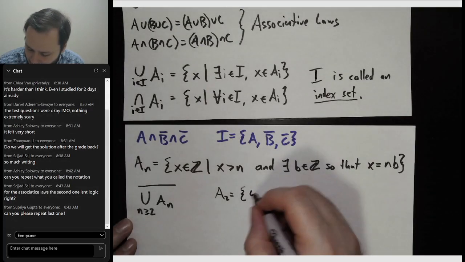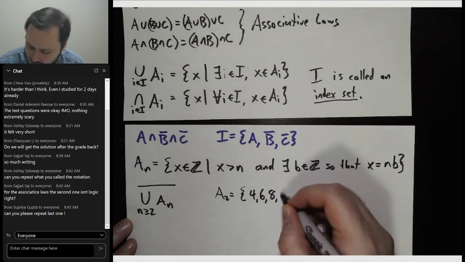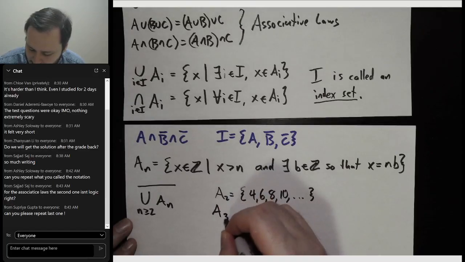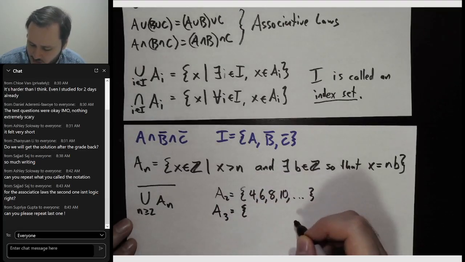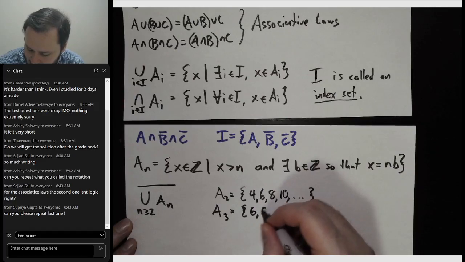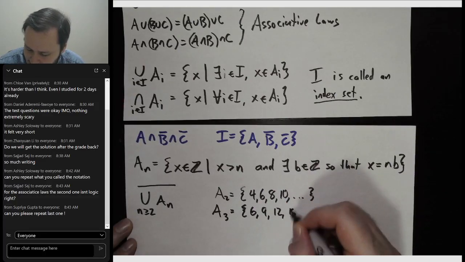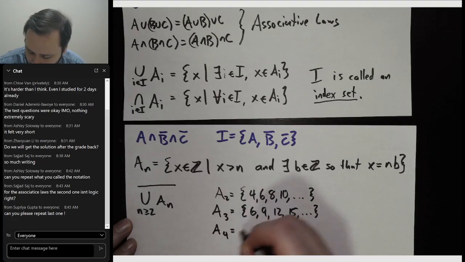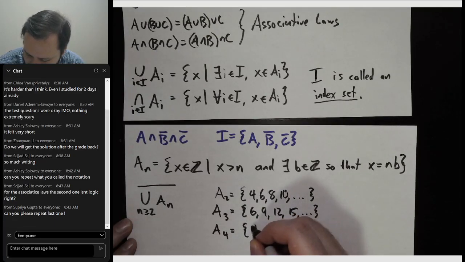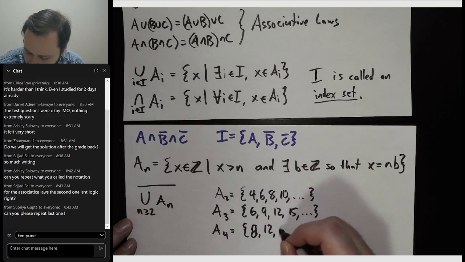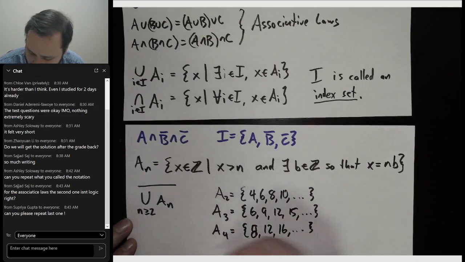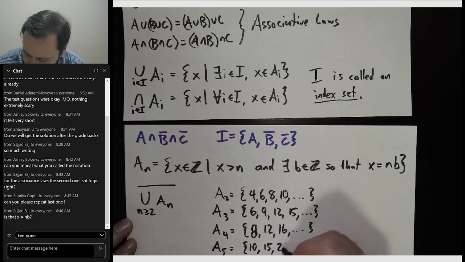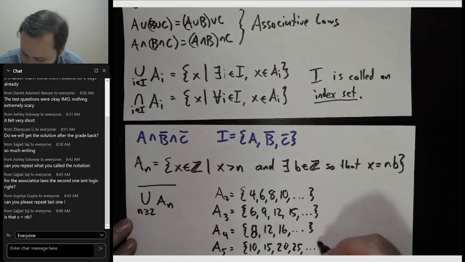So I'm getting 4, 6, 8, 10, and so on. And A sub 3 is going to be 6, 9, 12, 15, and so on. And A sub 4 is 8, 12, 16. A sub 5 is 10, 15, 20, 25. Okay, you get the idea.